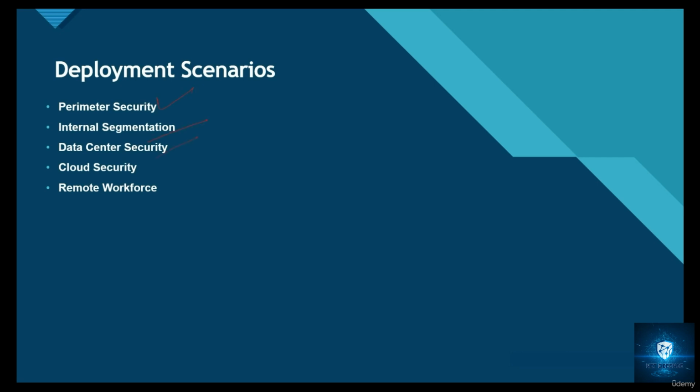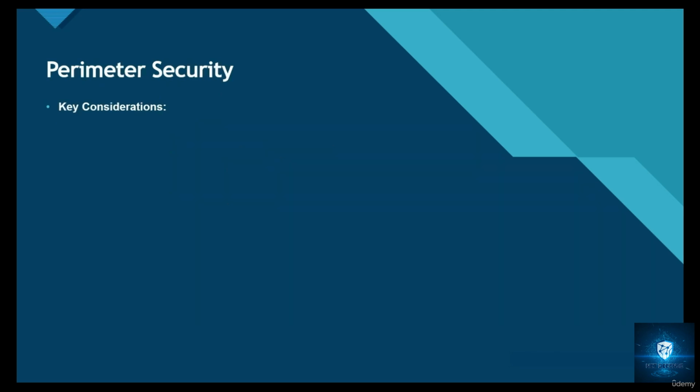Then you have data center security. After that, cloud security and the remote workforce. We have almost seen all of these in the course itself, or we will be seeing all of these deployment scenarios.